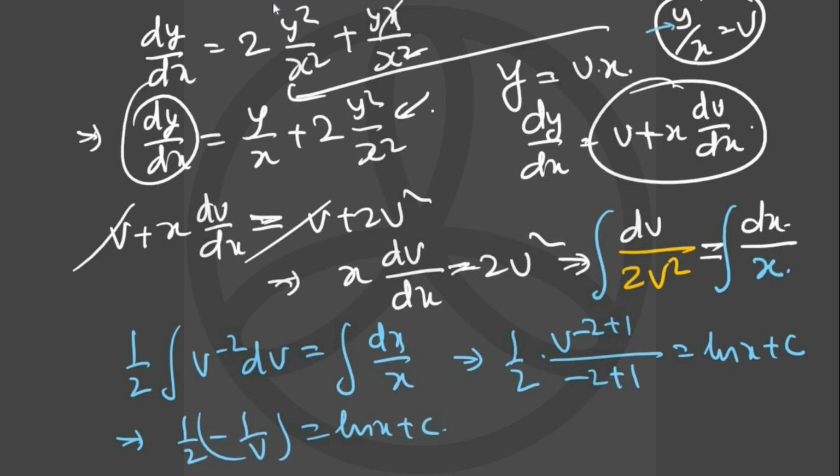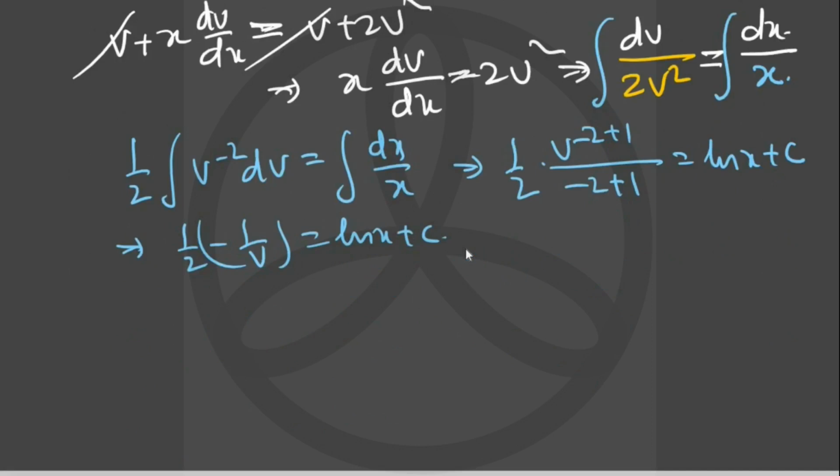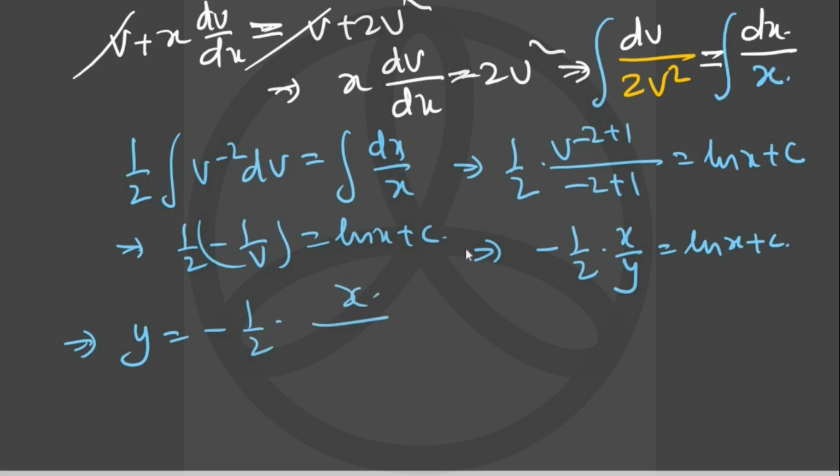We had assumed here y/x, so we will replace y/x here, and we will get minus half of 1 over y/x, which is x/y at this place, and ln x + c at this place. So we take y this side and bring ln x + c to the denominator of this, and our solution will be in this particular form here. This could be the solution.